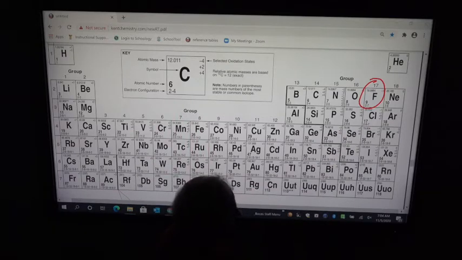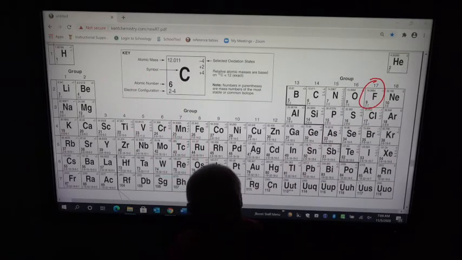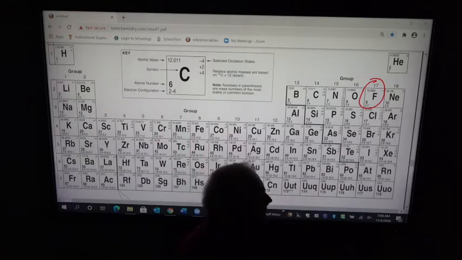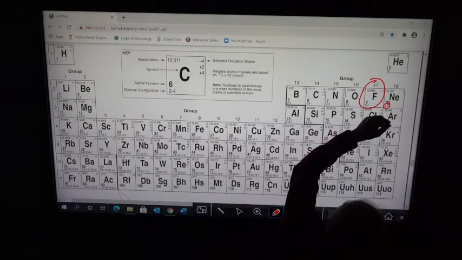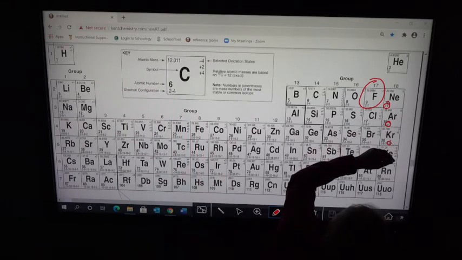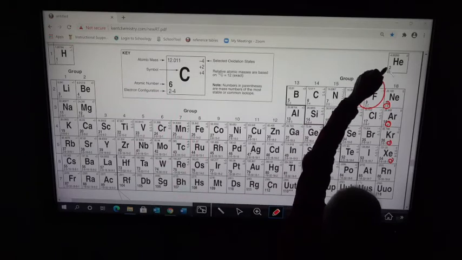Now, look at this next group, the noble gases. Almost all of them have a stable octet, which means 8 in the outside shell. That's what everybody's striving for. Almost every element wants 8 in the outside shell. There are a couple of elements that don't need 8 because they want to look like helium with 2.